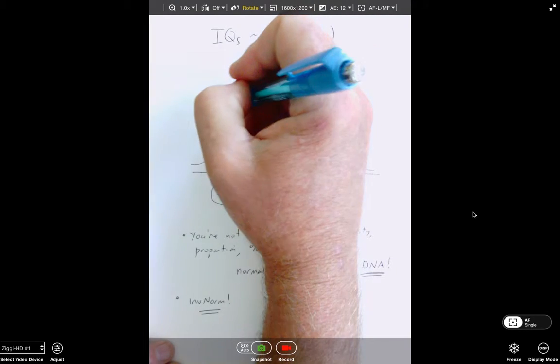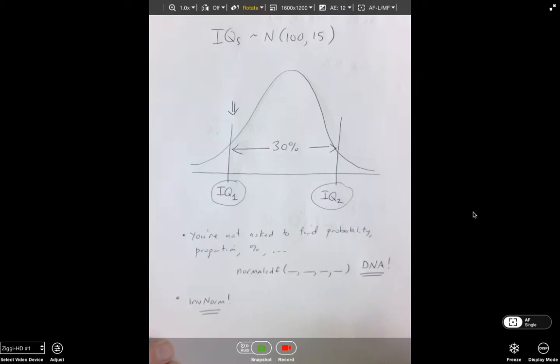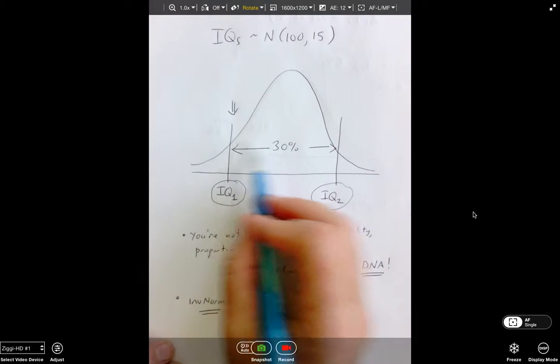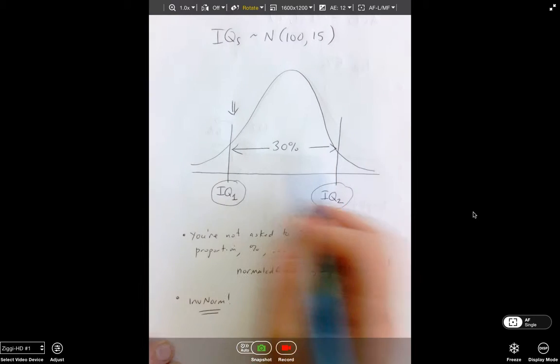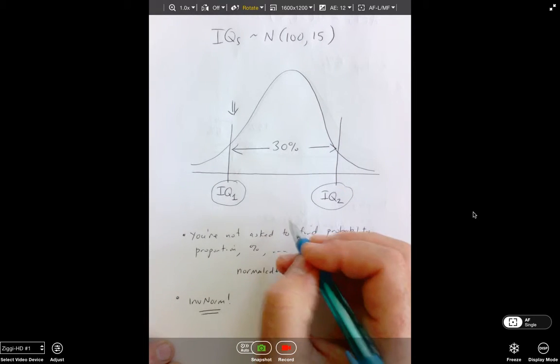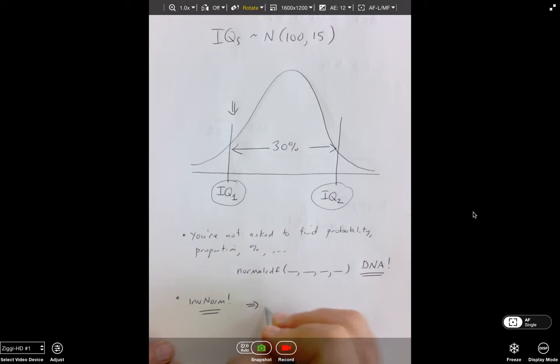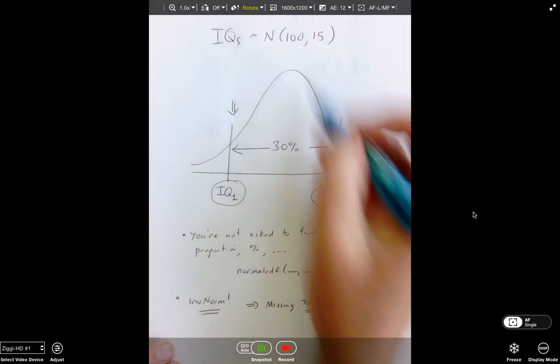So let's focus on this one right here. What do we need to be able to work inverse norm? Percent below. So guys, if I've got 30% between here and here, and I want to find the middle 30%, it tells me right off the bat that I am missing 70%. 100% under the curve, we do all IQs.